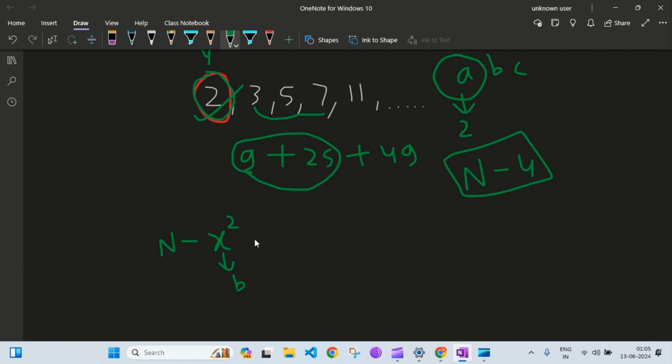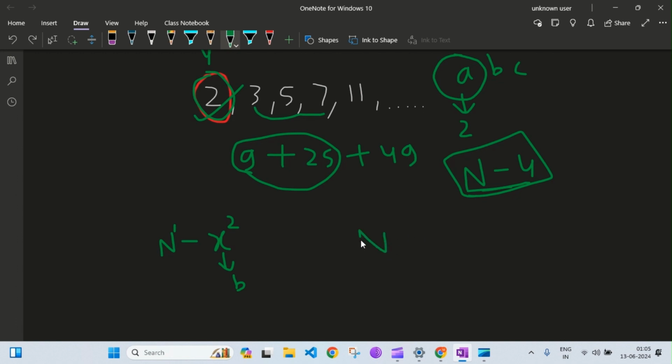So if the number is x, then we do x square and subtract it from n. Remember this n is n minus 4, right? The new n is n minus 4, that's denoted by n dash. So this is n dash minus x square. What we are left with now, if this x is a valid b, is the rest, n double dash.